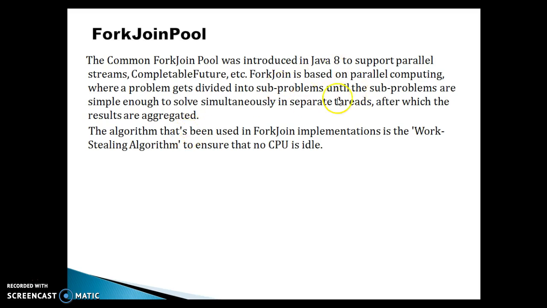So basically a big problem is divided into small problems, and you get the aggregate result of all the small problems, and that would be the result of the final task. The algorithm used in the fork join implementation is the work stealing algorithm, to ensure that no CPU is idle.